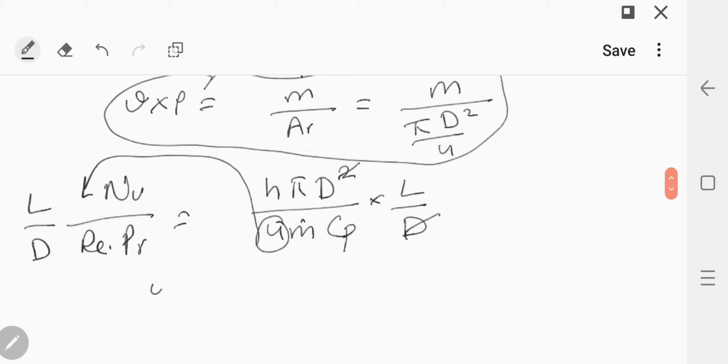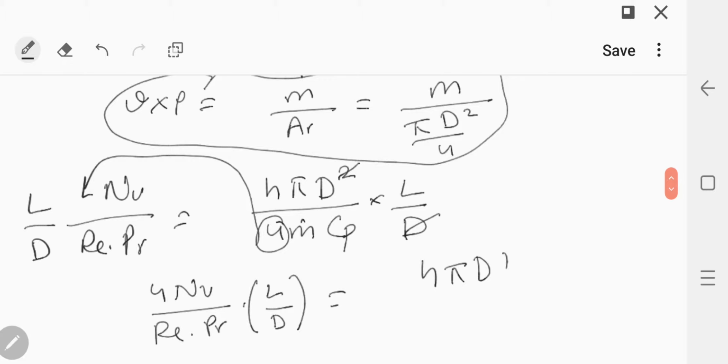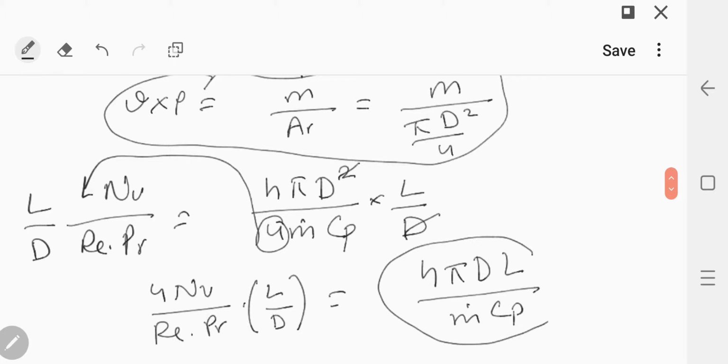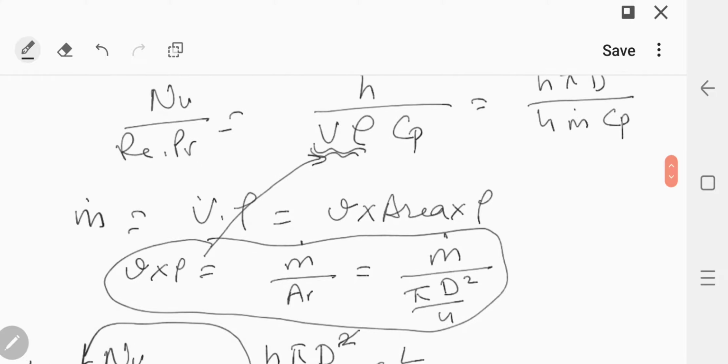So what we have is 4 into Nusselt number by Reynolds into Prandtl into L by d, which is nothing but h pi dL by m dot Cp. And where is this term occurring?